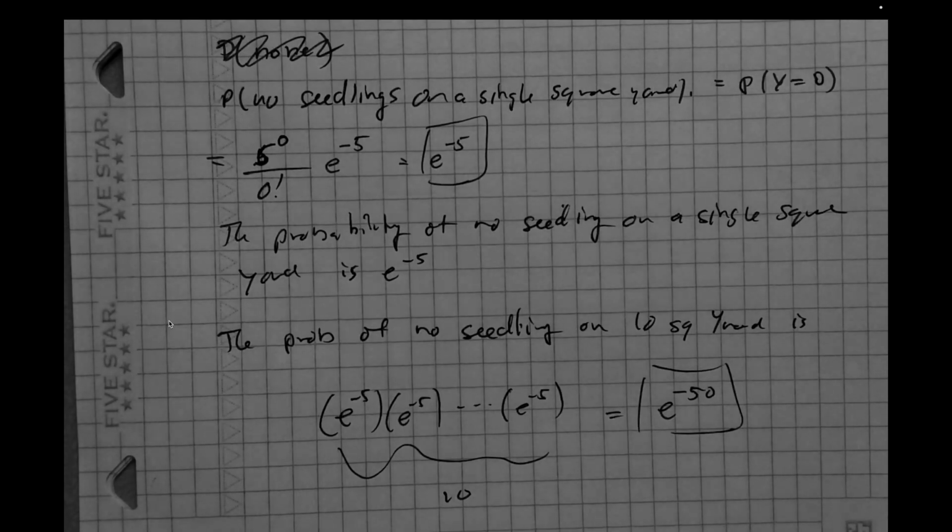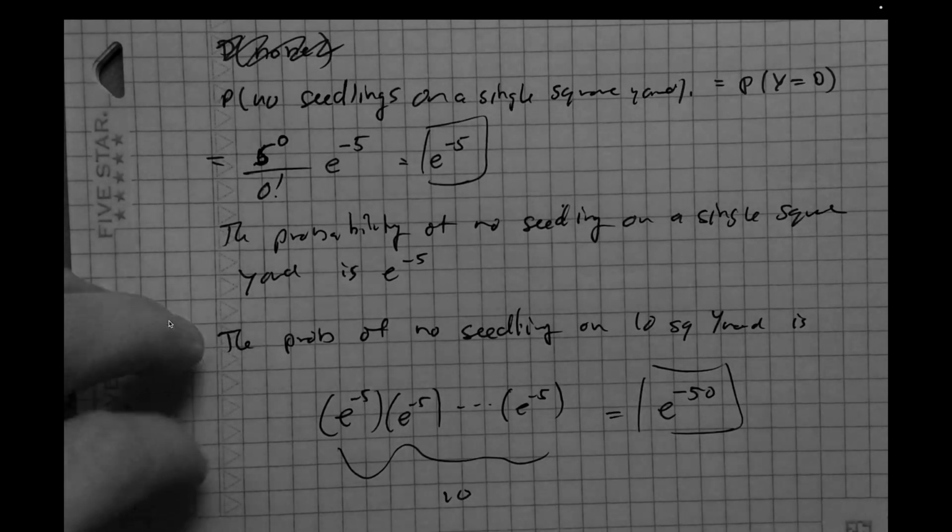You can just say, well, it's really a question about 10 square yards, but my lambda is defined for just a single square yard. Well, another approach would be to adjust the parameter lambda to reflect the 10 square yard area. Let's see what happens then. All right, so let x be the random variable, the number of seedlings on a 10 square yard area.